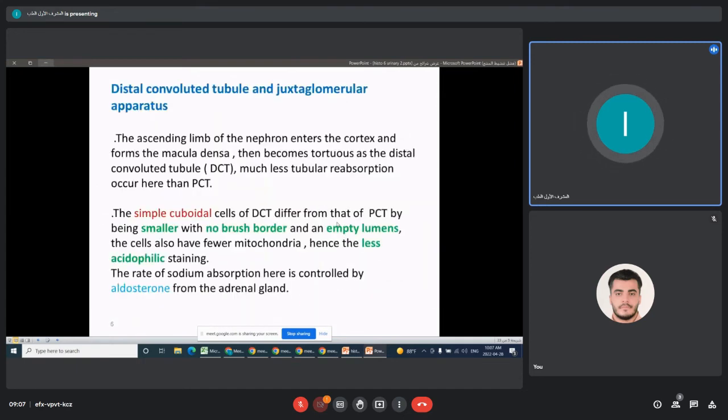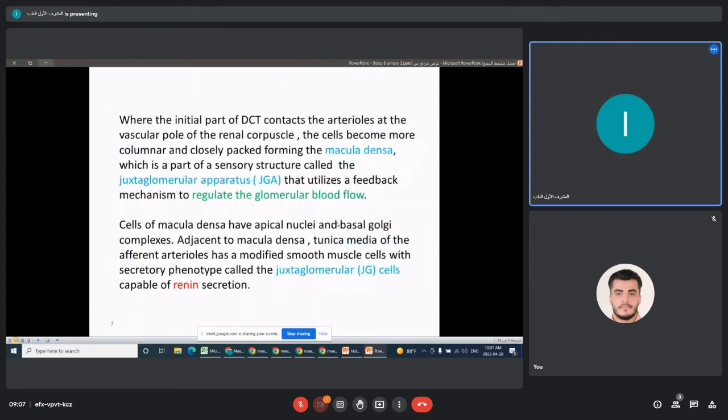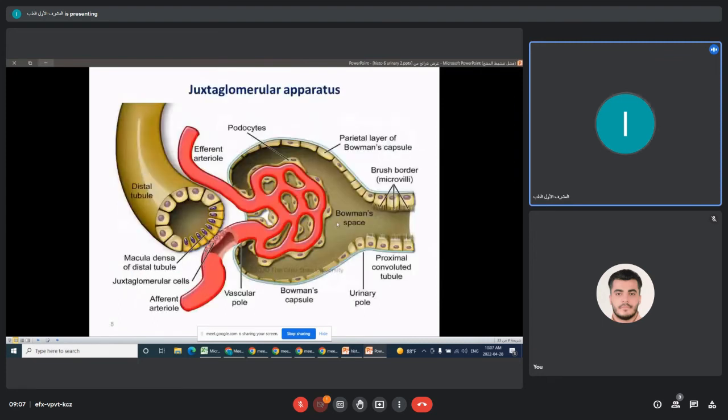The next part of the distal convoluted tubule here is called the juxtaglomerular apparatus. The distal convoluted tubule, as it enters the cortex and approaches the renal corpuscle, comes into contact with the afferent arteriole.